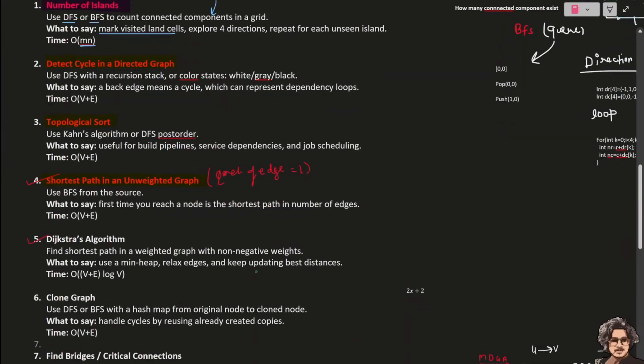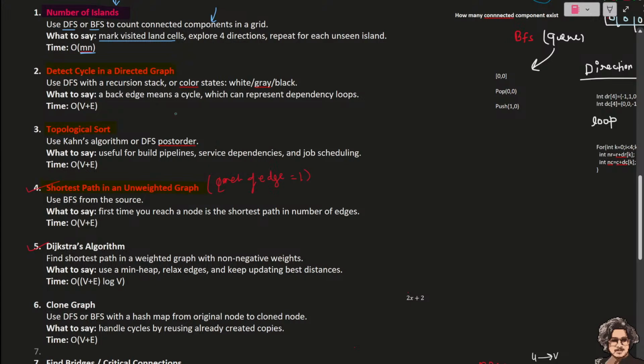The other question is the Dijkstra algorithm. So what is the Dijkstra algorithm? We have to understand finding the shortest path in a weighted graph. We understood the unweighted case, and for the weighted we have to see.